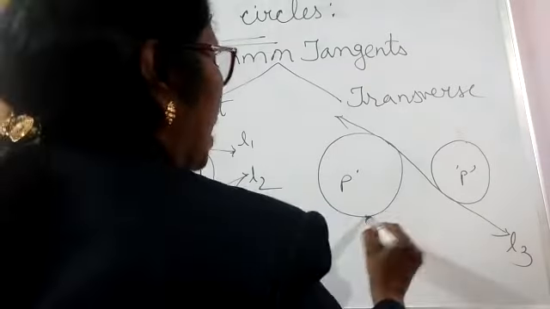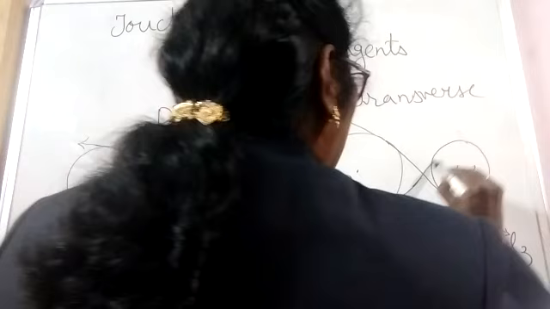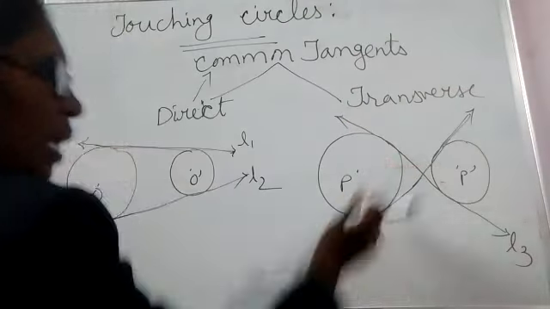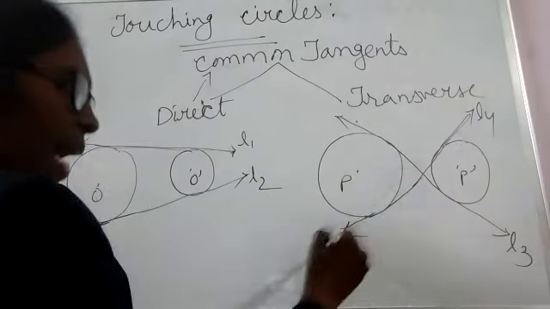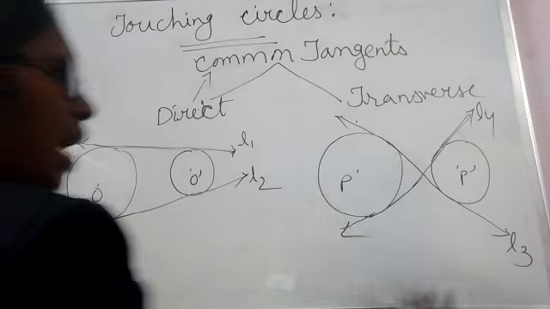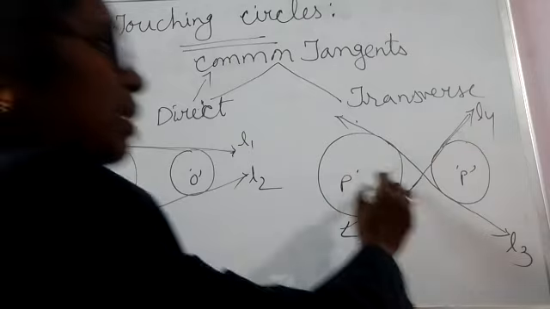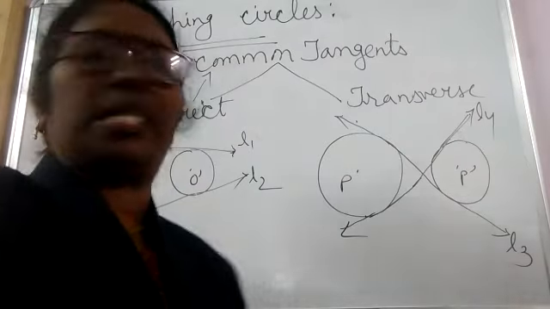Same way, let me draw one more tangent touching both the circles. You see, this is L3, this is L4, tangent L4. The circle with center P is on this side, the circle with center P dash is on the other side of this L4. So these are transverse common tangents.